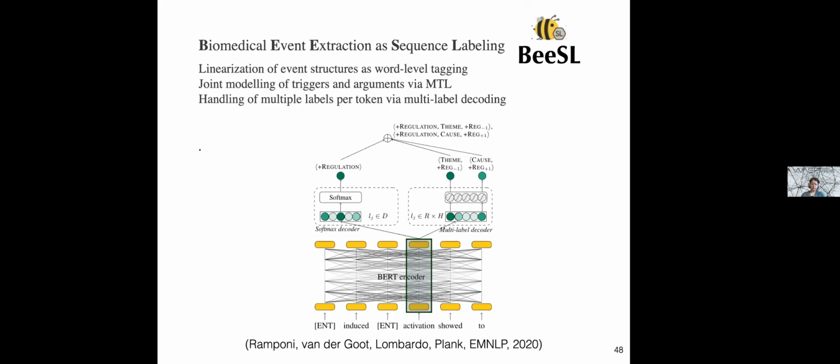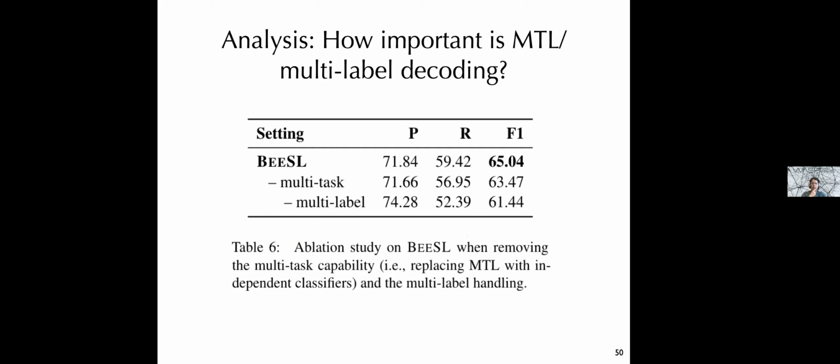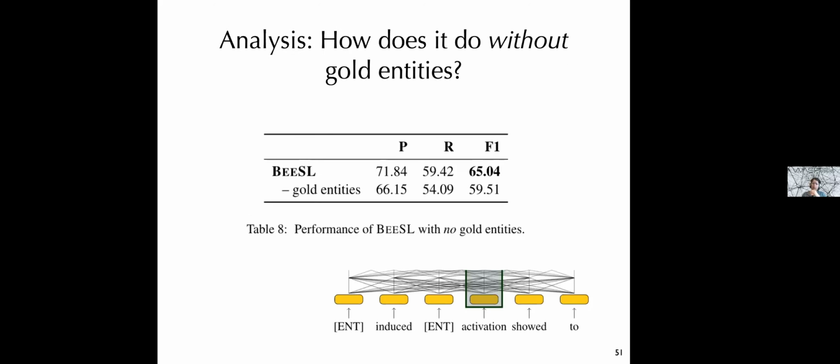We compared this to prior work and saw that we got a huge performance boost on this data set here. But what we also saw is that multitask learning was really important. If you use the model and remove the multitask learning objectives, then you see quite some drop in performance. We also saw that a lot of work was focusing on the entities being given.